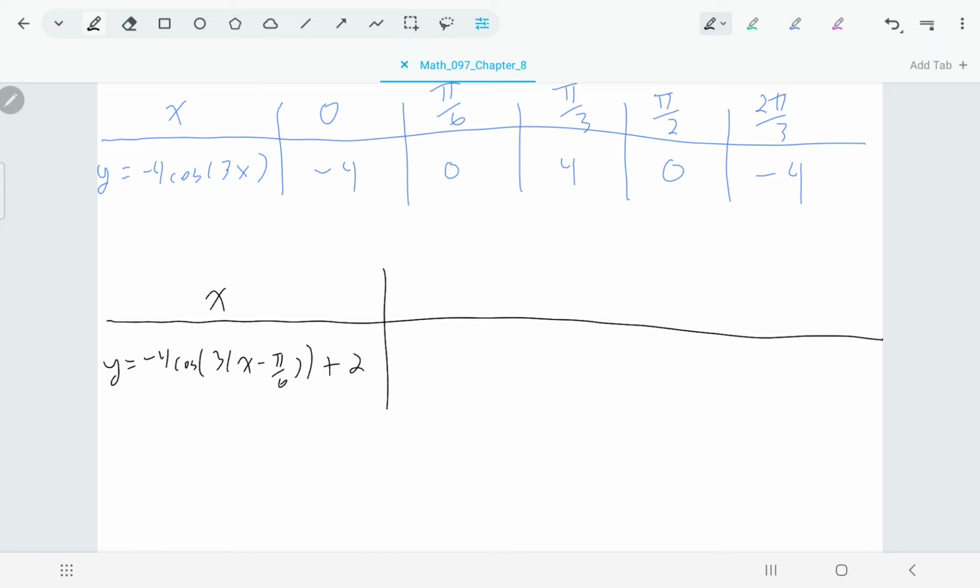For all of my y values, that'll be the easier one. I'm going to add 2 to them. So taking all of my y values from my stretched graph and adding 2, I get -2, 2, 6, 2, and -2.